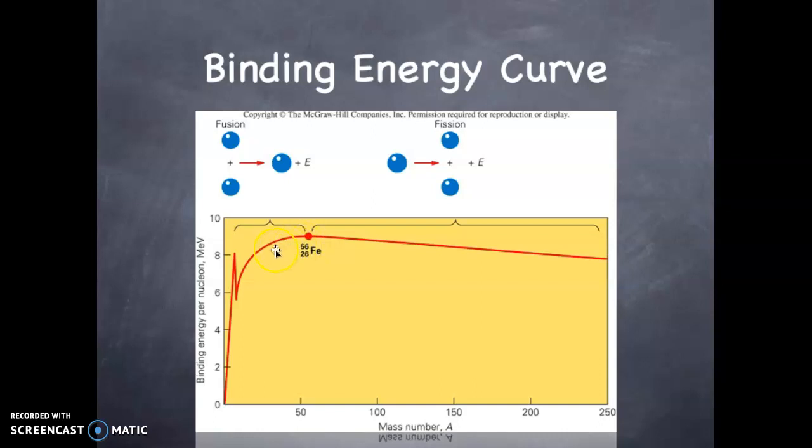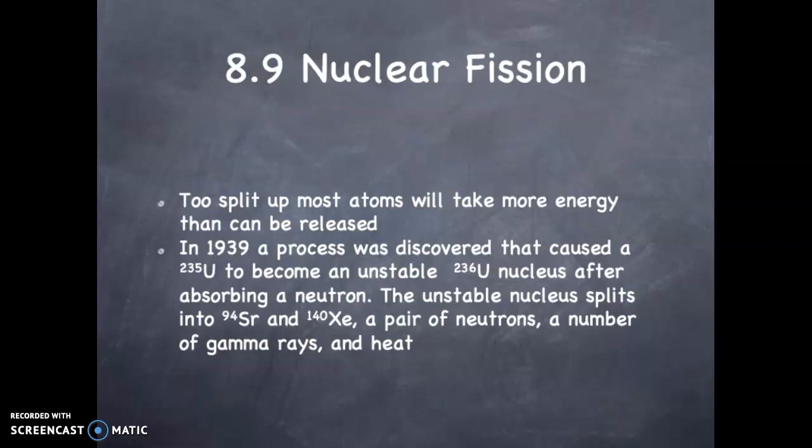Lower than Fe-56, the binding energy is smaller, and greater than Fe-56, the binding energy is also smaller. Therefore, you have the opportunity to combine smaller particles to generate energy, or break up larger particles to generate nuclear energy.